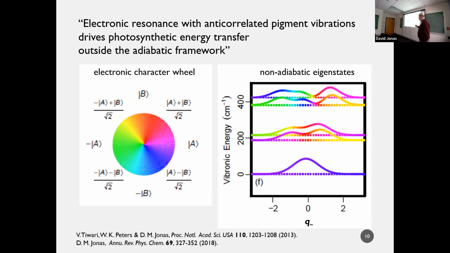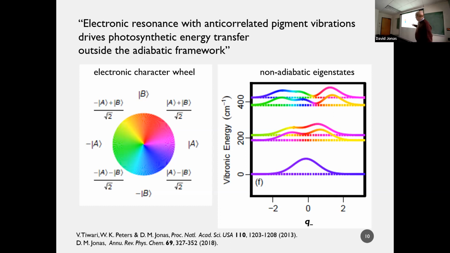Well, I mentioned that we did calculations with a non-adiabatic model where we actually worked out, using the structural and spectroscopic information, enough about the Hamiltonian to establish those resonances. And then there were signatures of them in two-dimensional experiments of the type done by my group. And what I want to do is give you some idea of how the energy transfer can be so terribly fast that comes out of that model.